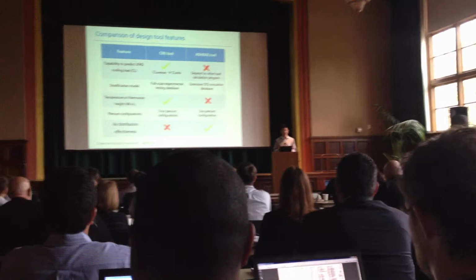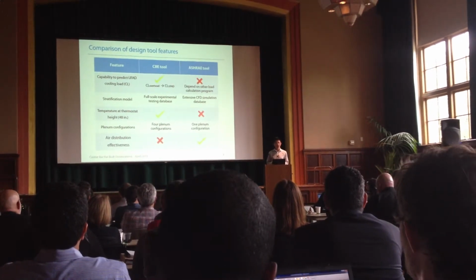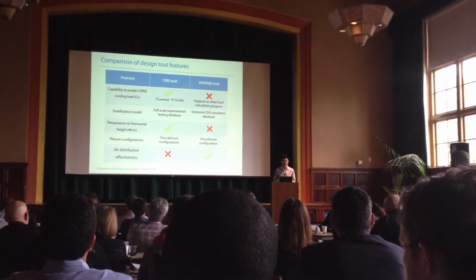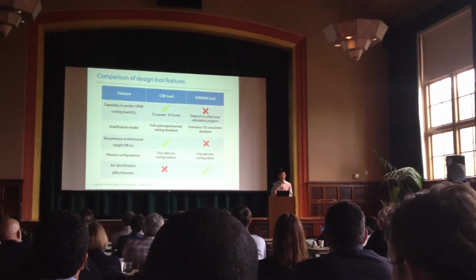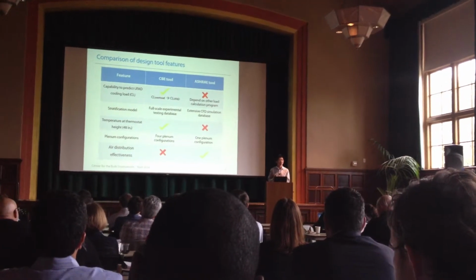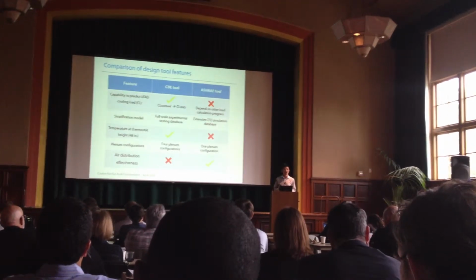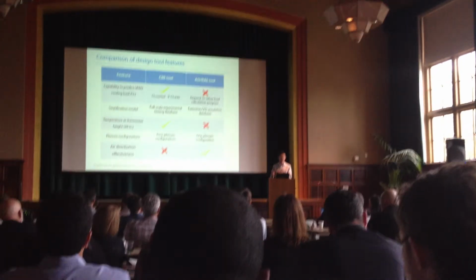The CBE tool can specify 4 plenum configurations, while the ASHRAE tool can only specify 1. But the ASHRAE tool can give you the result of air distribution effectiveness. The first CBE tool does not have this capability, but it is implemented in the newer version.